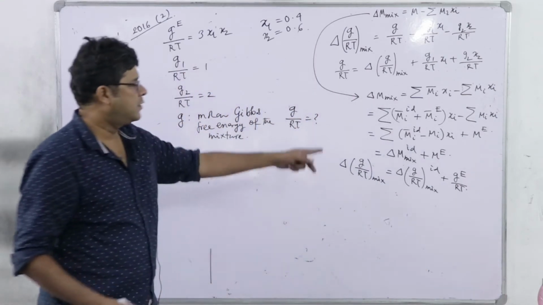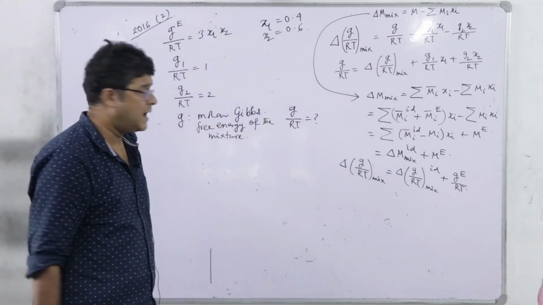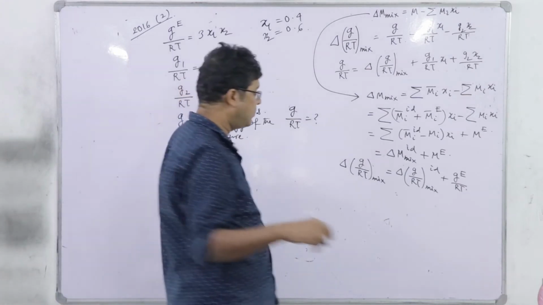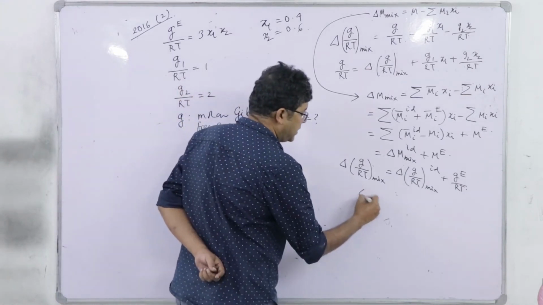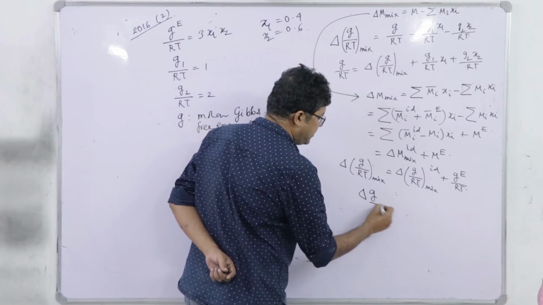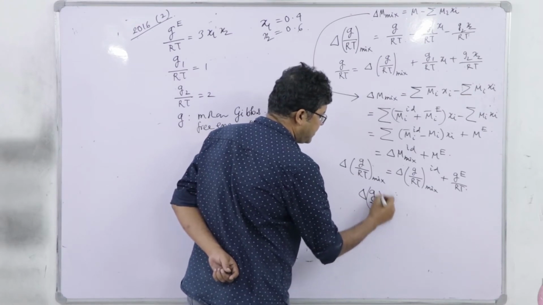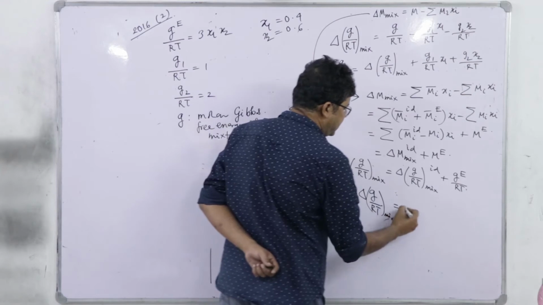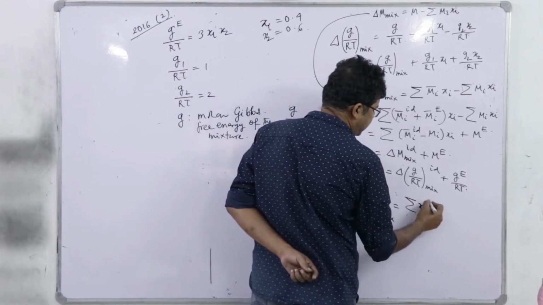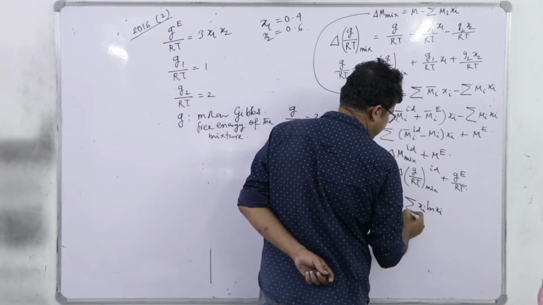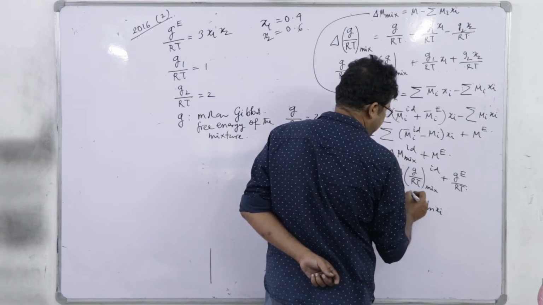So, delta G by RT mix for ideal solution, we have established from Gibbs theorem that delta G by RT mix is equal to summation of xi ln xi, i equal to 1 to n.